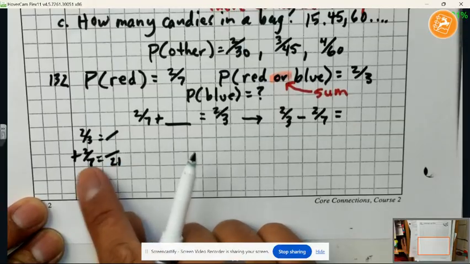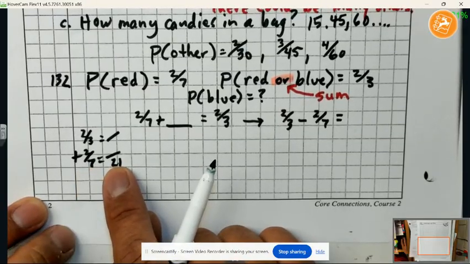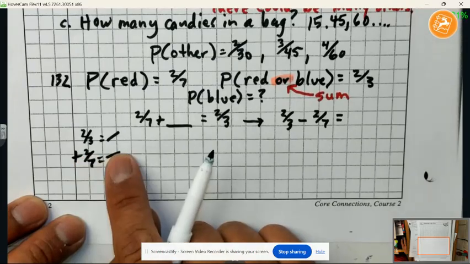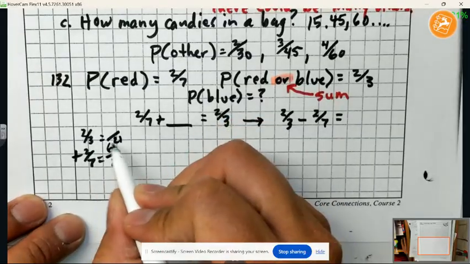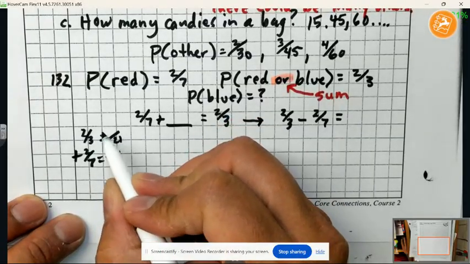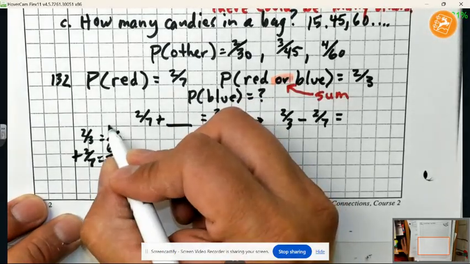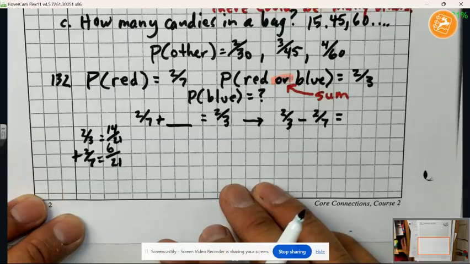What is the giant 1? 7 times 3 is 21, so 2 times 7 is 14. 3 times what is 21? 7 over 7. So this is 14 out of 21, and 2/7 becomes 6 out of 21.